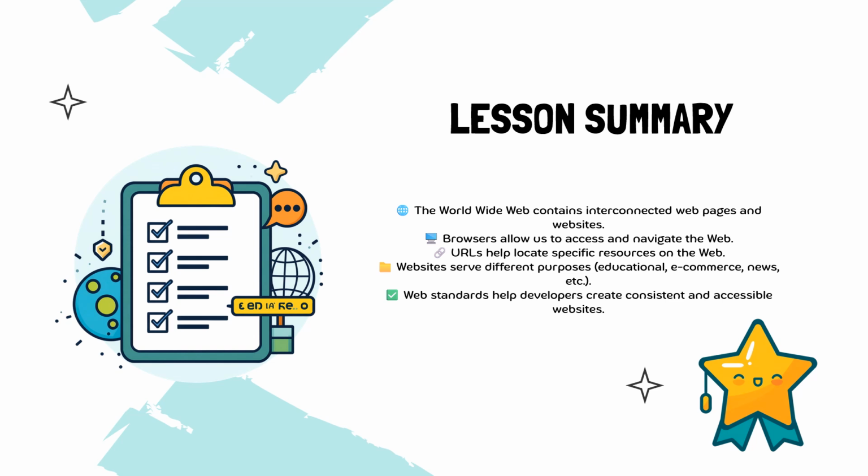Websites can have different purposes. They can be educational, commercial, informational, entertaining, social, and many others. And finally, web standards help developers create websites that are consistent, accessible, and functional. If you remember these concepts, you already have a good foundation for our next topic.